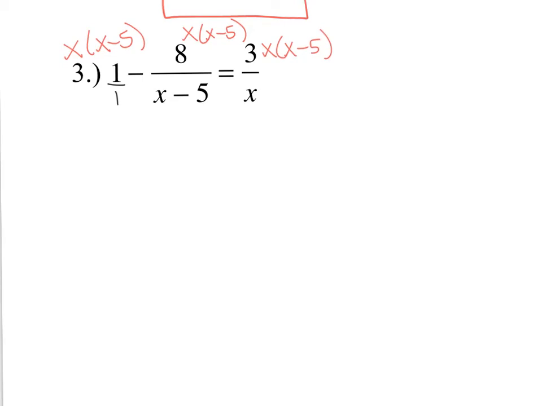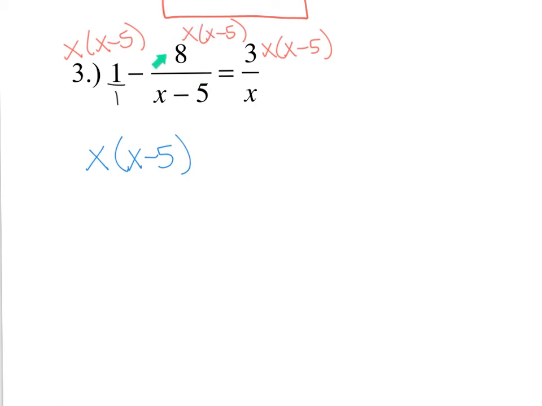In the far left fraction, we have an x and an x minus 5, and we just have a 1 in the denominator. So there is not a common factor other than 1 that will cancel out. So that would just leave you the 1 times x minus 5, which I'll multiply out in a moment.